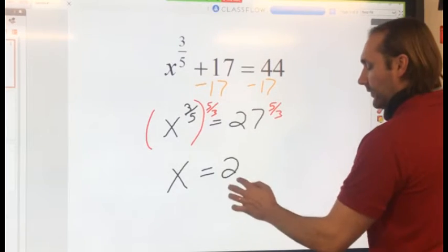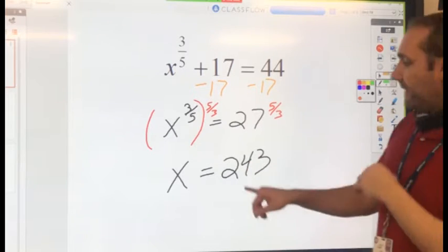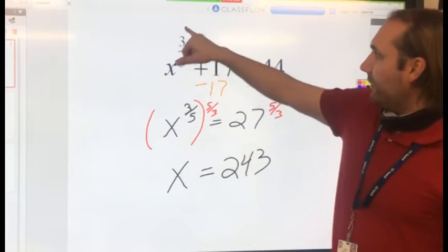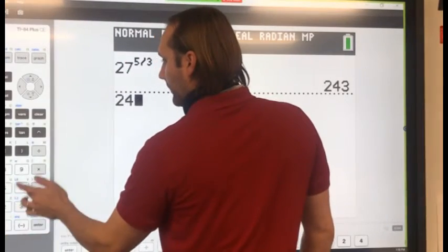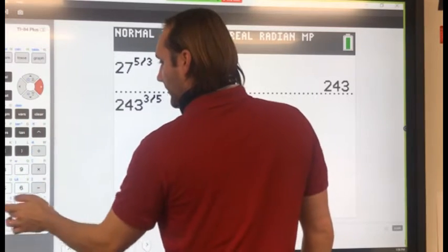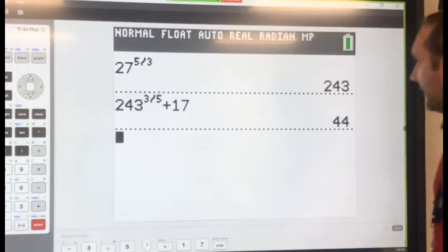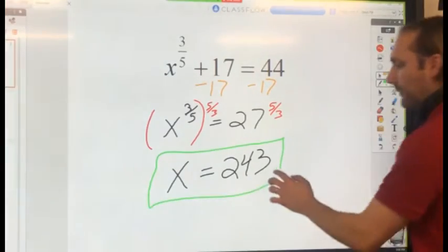So x equals 243. And let's test. Is 243 to the 3/5 plus 17 equal to 44? So 243 to the 3/5 plus 17 is in fact 44. So no extraneous solutions here. x equals 243.